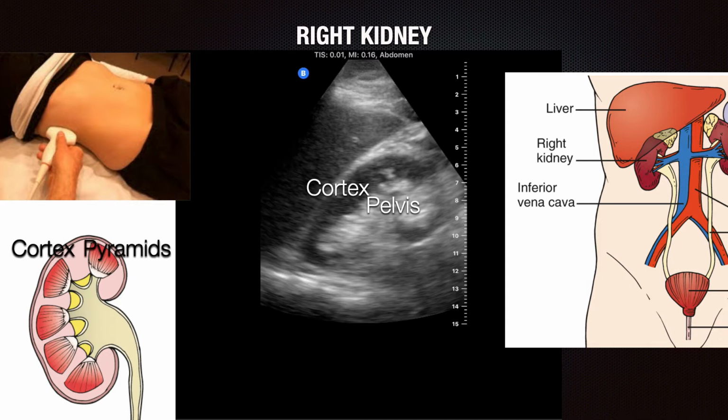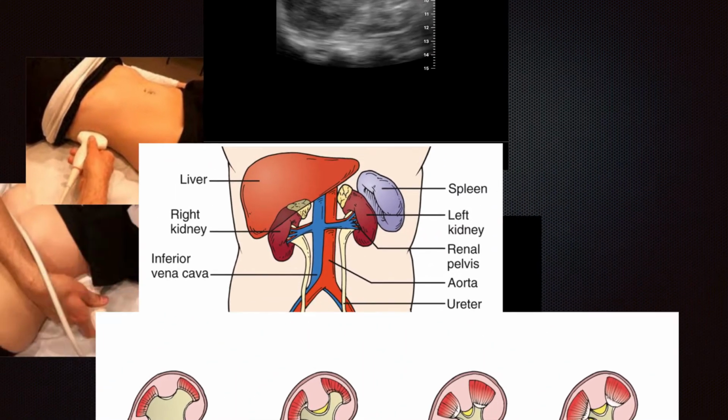Cortex. Sometimes you can see the pyramids as hypoechoic structures. I find this in typically very young, healthy, thin patients. You can see the calyces if there are any signs of obstruction there, and the renal pelvis turns black with obstruction that we'll talk about in the future as well.